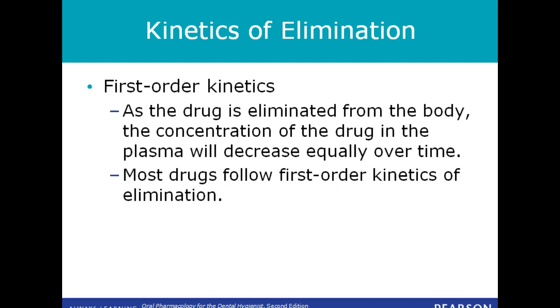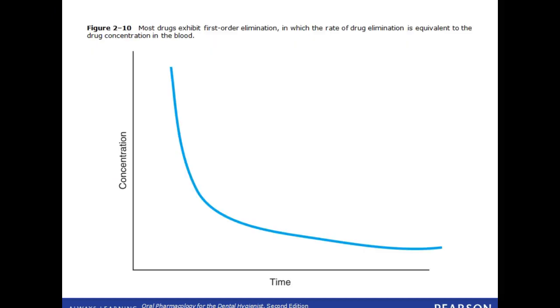As the drug is eliminated from the body, the concentration of the drug in the plasma will decrease equally over time in first-order kinetics. Most drugs follow first-order kinetics of elimination. Figure 2-10 is a graph demonstrating that the rate of drug elimination is equivalent to the concentration of the drug in the blood.